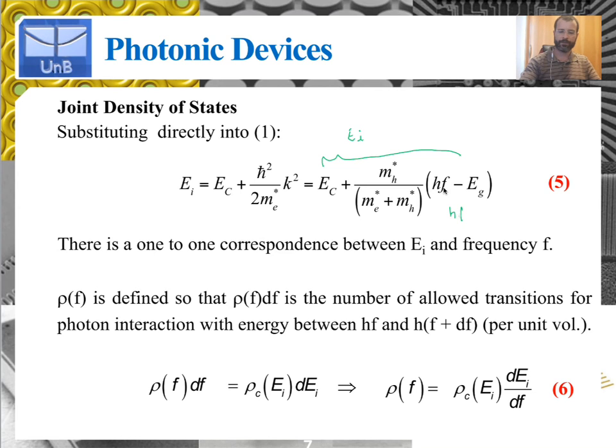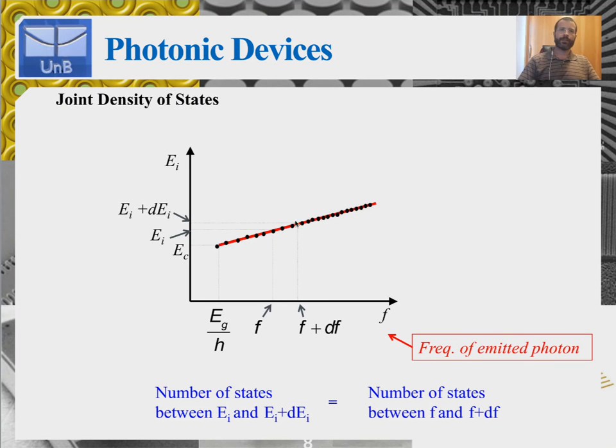So hf has to be equal to Eg. Therefore, this corresponds to a point with frequency f equal to Eg over h. And this is the point where the line stops, at the leftmost end here.